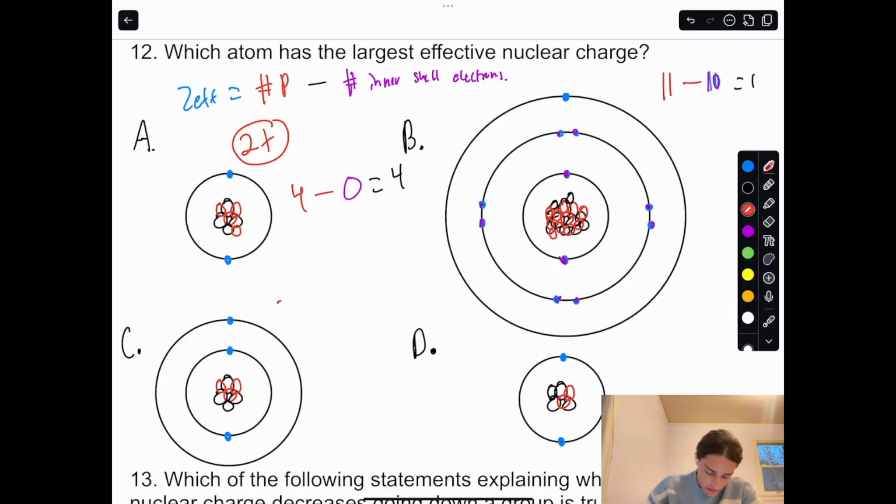Here we've got 3 minus 2, because there are 2 inner shell electrons, which equals 1 again. So far, A is definitely our answer. And then finally, D is 2 minus 0, which just equals 2. So the answer is going to be A.